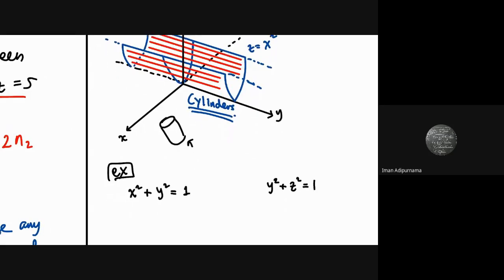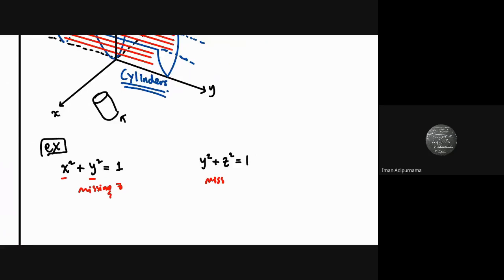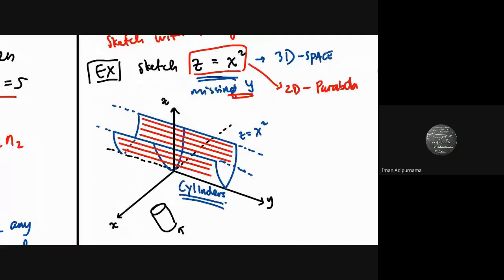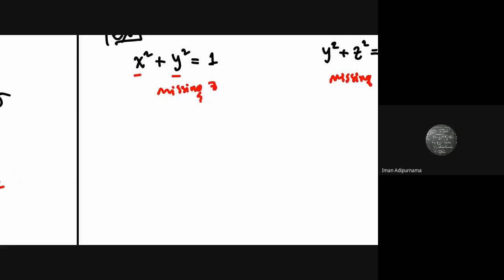Now, we have x, y, but missing z, and here we are missing x. Similar to the previous cylinders, we are missing y here, which means in z we will have infinite points. So the height in terms of the z level will be infinity. Okay, so we can draw.